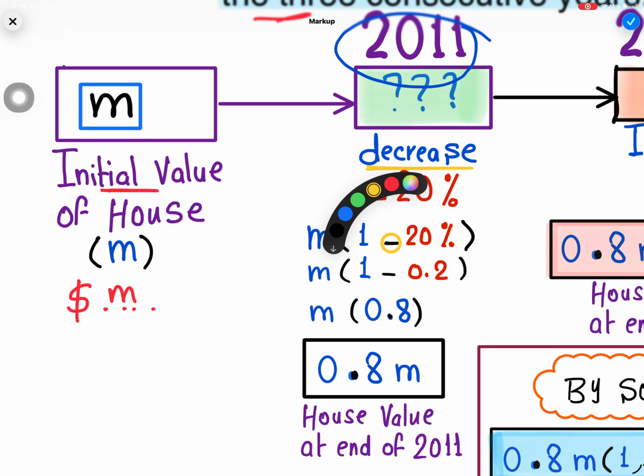So the formula says that the initial value, which is M, multiplied by 1 minus the percentage of decrease, 1 minus 20%.